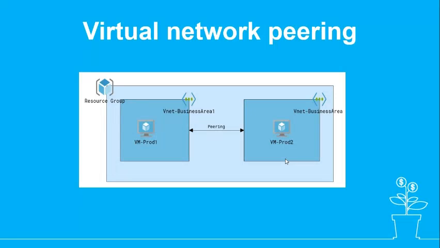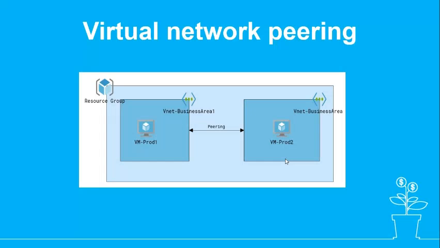Now we have to make communication between the two virtual machines, VM prod 1 and VM prod 2. For this communication we need to set up virtual network peering. Virtual network peering basically enables us to seamlessly connect the networks.